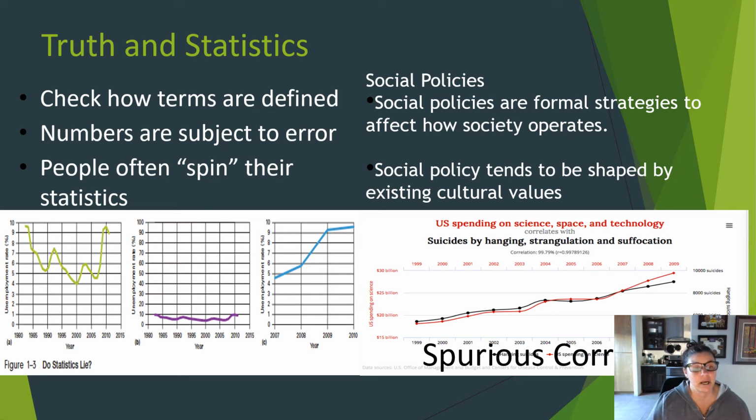So that's one of the ways that people can mislead you with statistics, because they can find a spurious correlation, and if you don't understand how those two things can work, they can manipulate the way they present the data or information to make it look like causation.